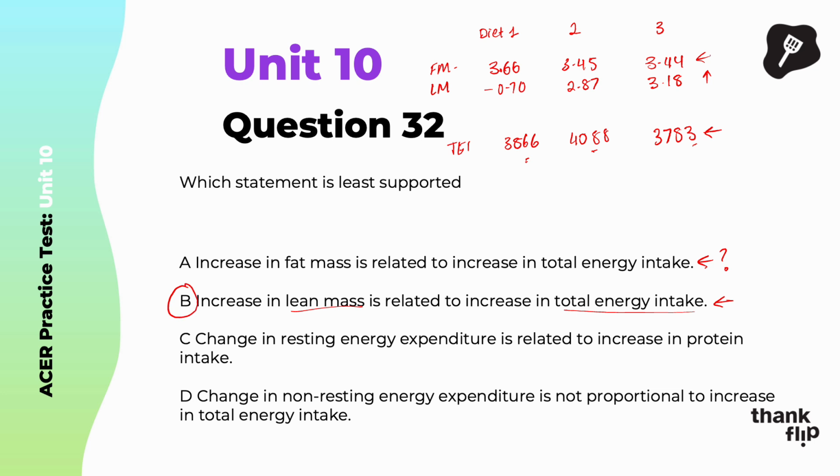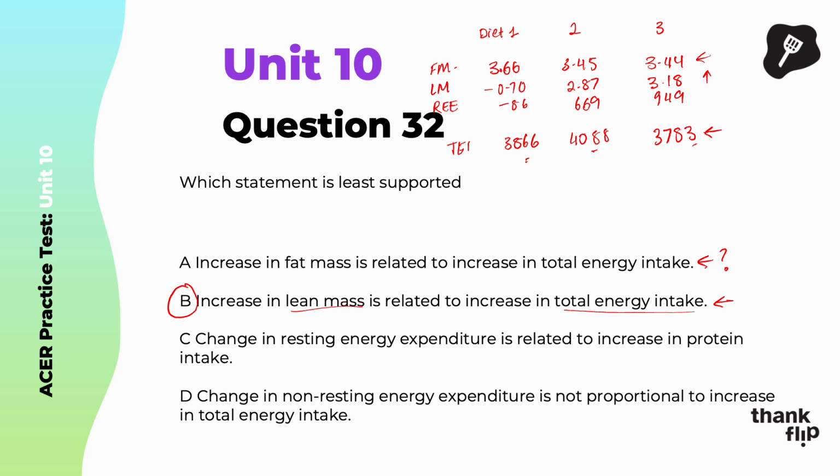The change in resting energy expenditure is related to an increase in protein intake. Your resting energy expenditure, REE, goes negative 86 to 669 to 949. So that's increasing, as we can see here. And we have to look at the protein intake.